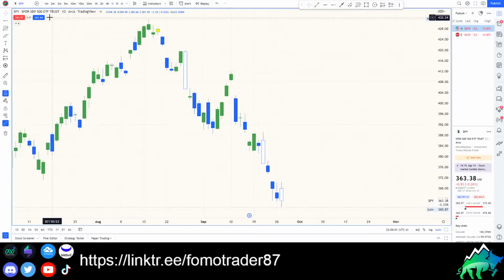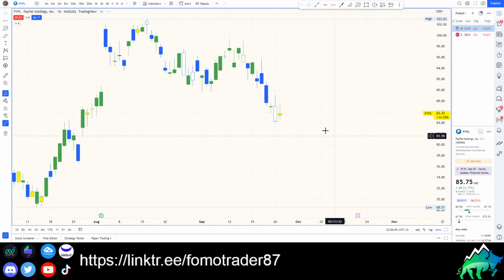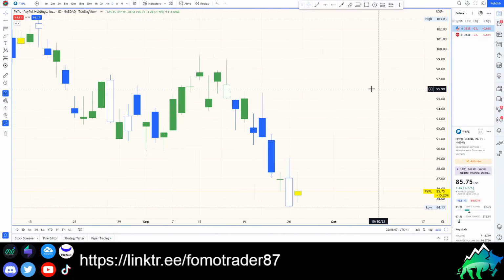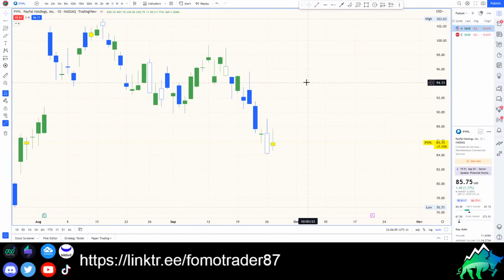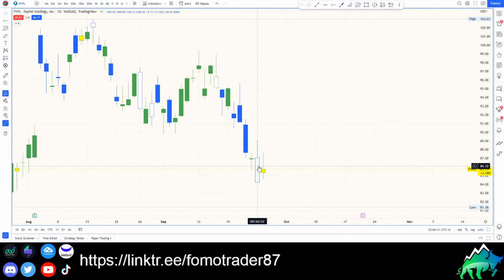So we're going to switch over to TradingView here and pull up PayPal. And as we can see here on the daily chart, PayPal had an outside day indicated by this white candle, and then we have an inside day indicated by this yellow candle.